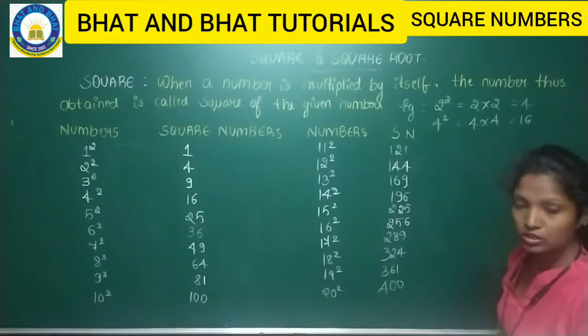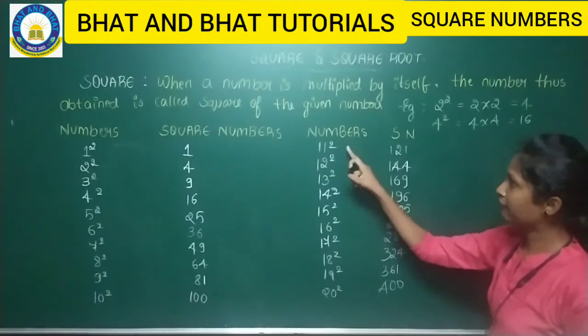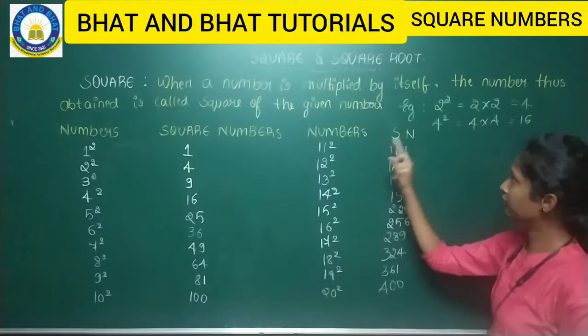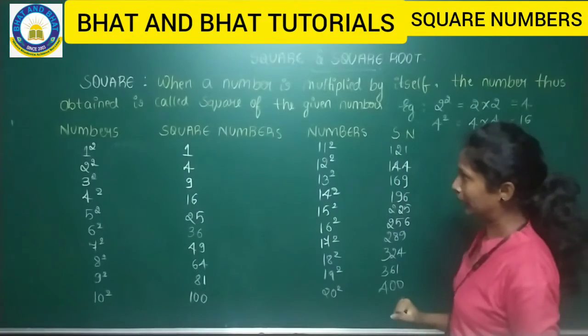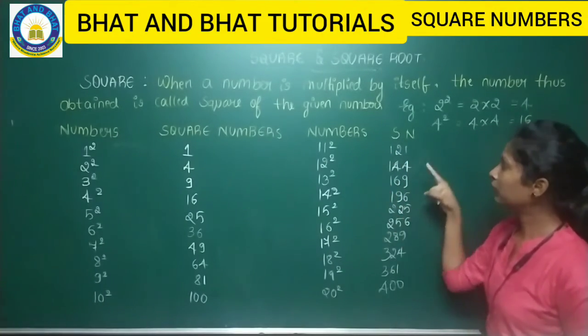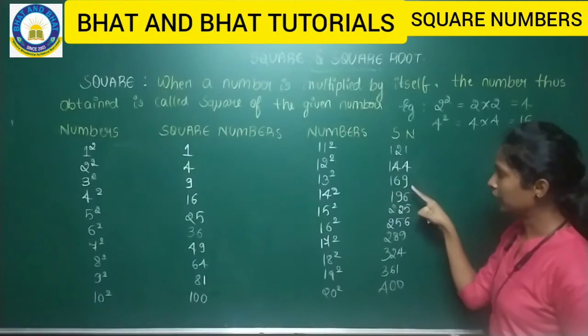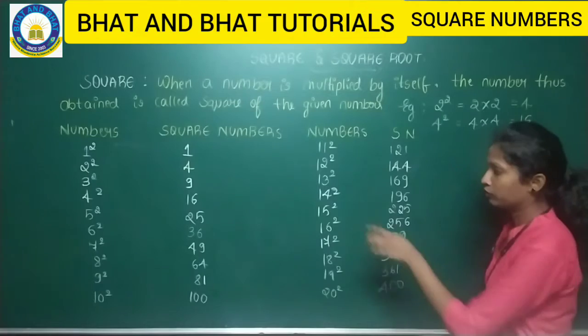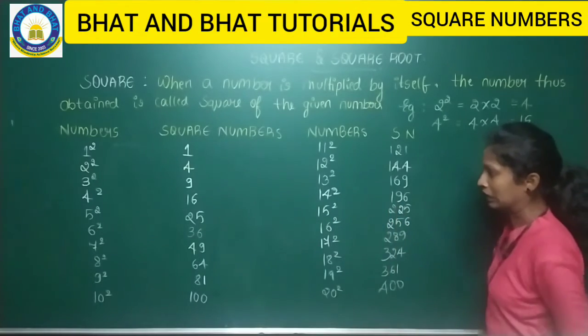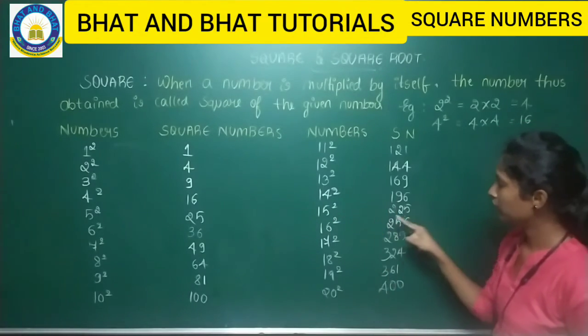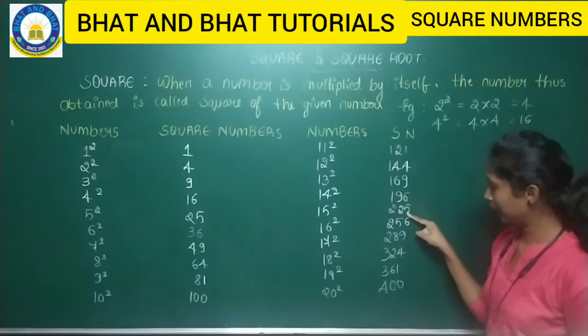So these are the square numbers. So same way, for the number 11 the square number is 121. For the number 12 the square number is 144. For the number 13 it is 169 and for the number 14 it is 196. For the number 15 the square number is 225.